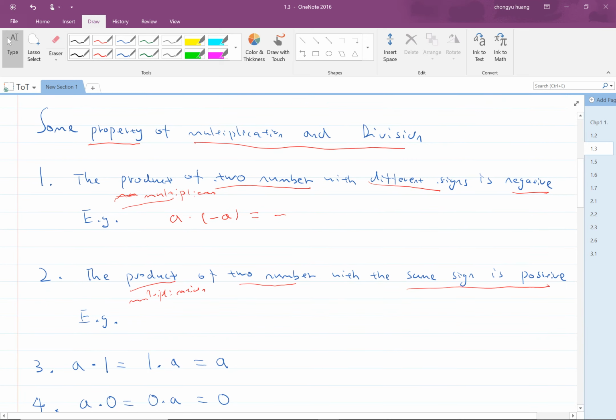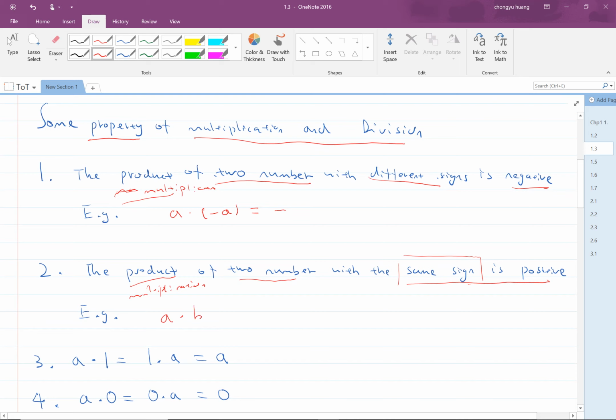Sorry for my writing. So you have a number A and, since it has the same sign, maybe another number called B, and those are both positive. The result is going to be AB, and since both are positive, it's going to be positive. That's the rule.